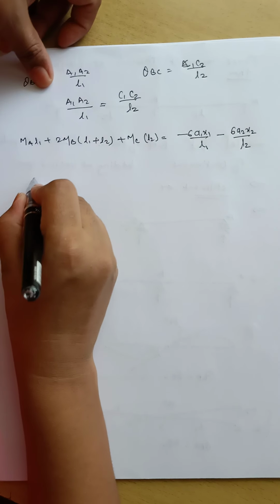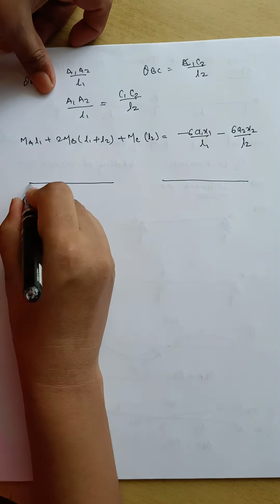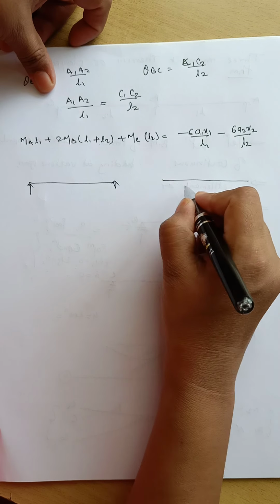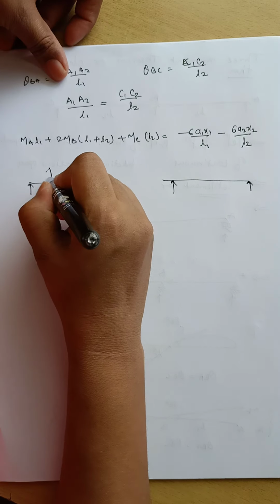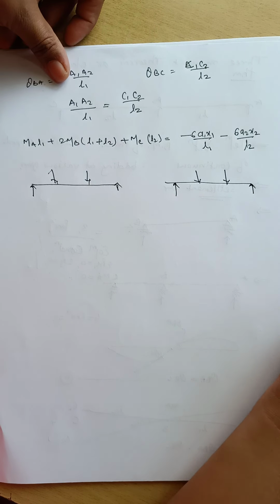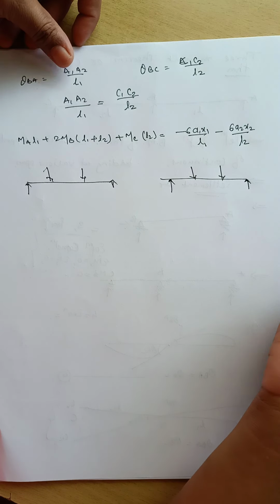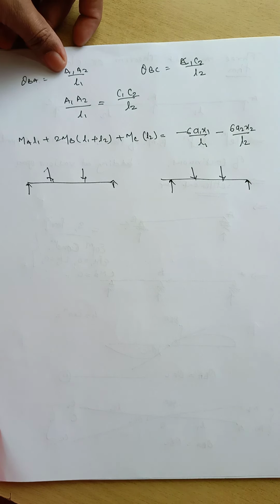Now the beam is divided into two parts, beam AB and beam BC, carrying different loads, any type of load. There may be UDL, varying load, point load, or a number of loads, or there may be a moment also.